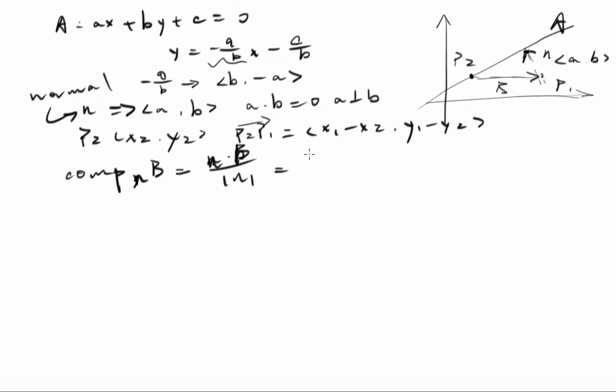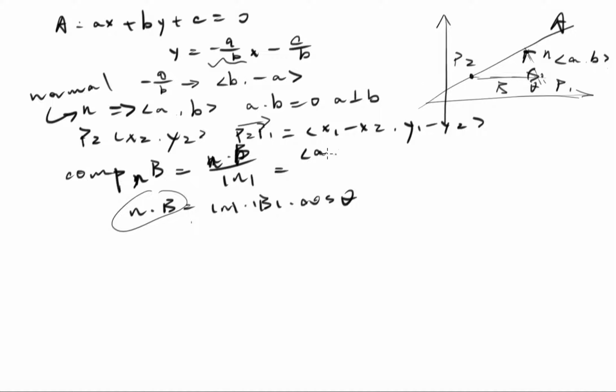So as we know, n dot b is equal to the length of n times the length of b times cosine theta, the angle here. Since we're choosing a random point on this line, we can't say the angle for sure. We don't know this angle. So we have to use the formula here, and now we can plug things into the equation.